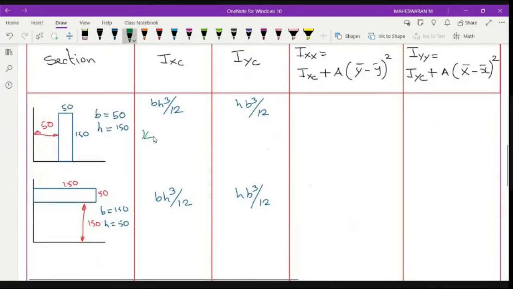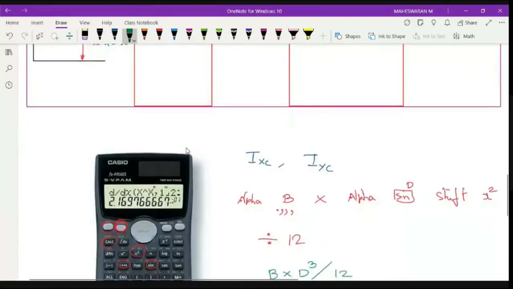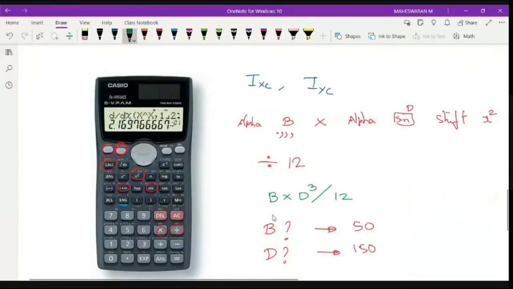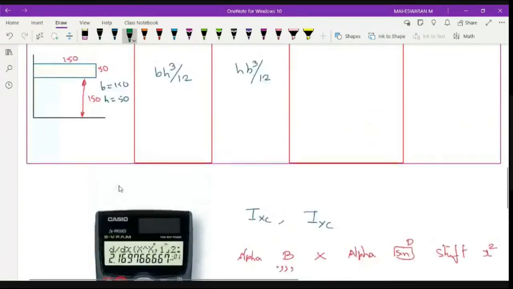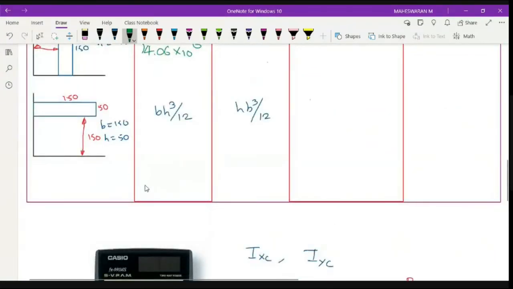You are getting 14.06 into 10 power 6. Now press the calc button again. It will ask again for the value of B. Now your value of B is 150 and the value of D is 50. So what are you getting? 1.56 into 10 power 6.